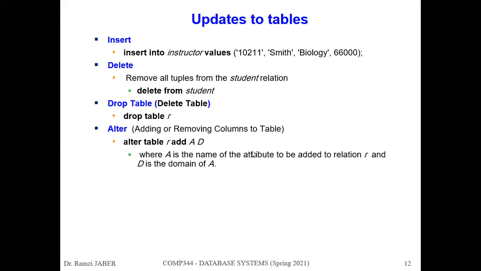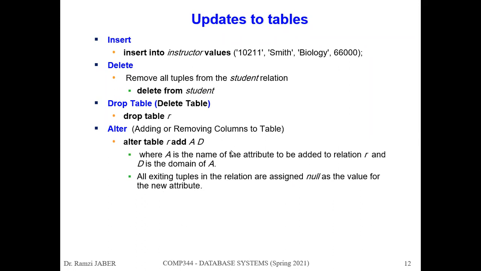A is the name of the attribute to be added to relation R, and D is the domain of A, the data type. Of course, all existing tuples in the relation are assigned null as a value for the new attribute. Very important here.